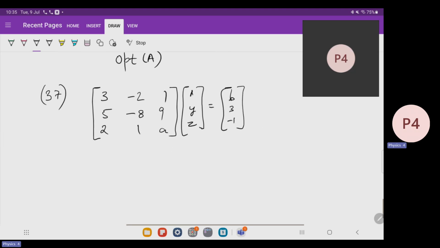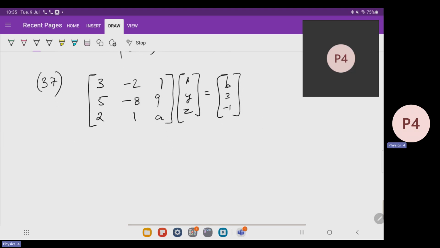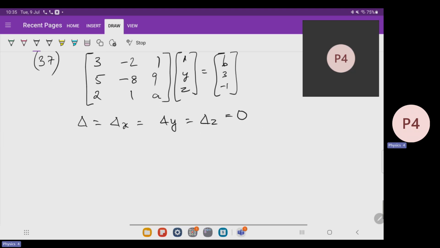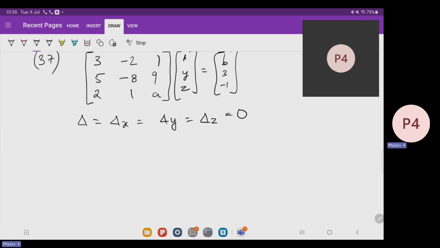So it's a non-homogeneous linear equation system. What is the condition for infinitely many solutions? Delta = delta x = delta y = delta z = 0. So this condition is going to give us A and B.